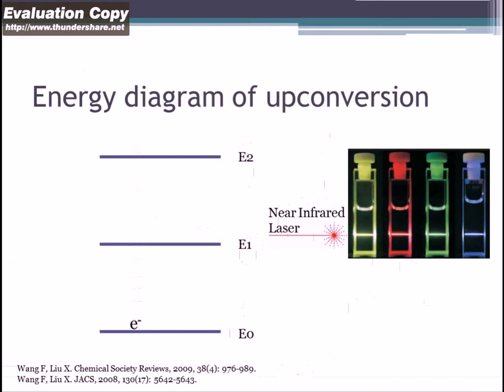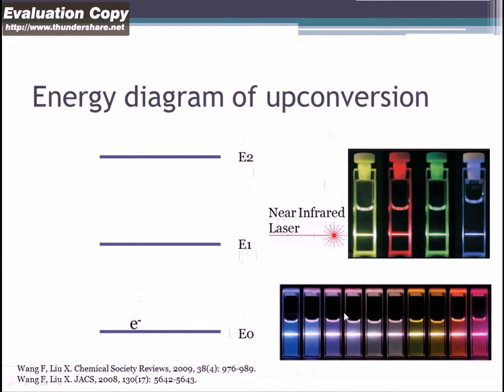Furthermore, by changing the detailed composition of the materials, the emission color can be tuned throughout the visible to near IR spectrum, and the intensity of the emission can also be manipulated by clever material engineering.